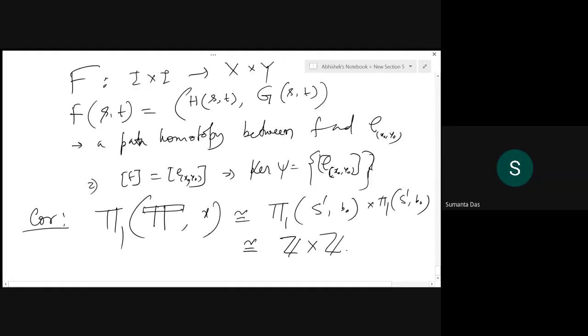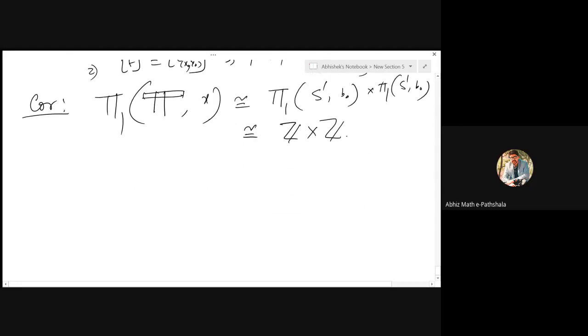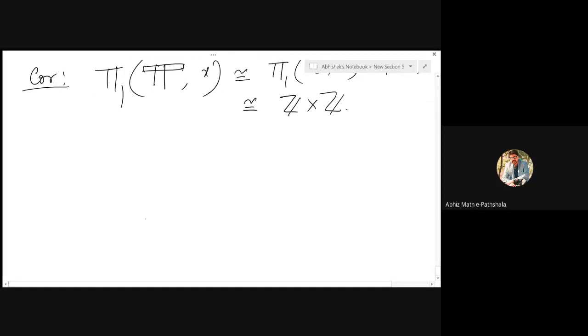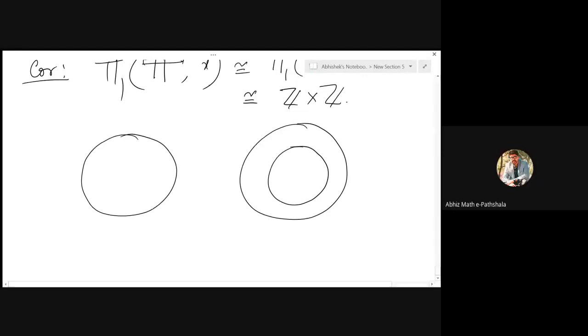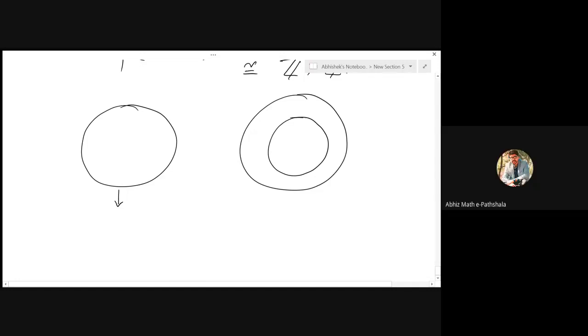Yes, sir. Yes, Nityananda Babu, what you have mailed me, that how can you distinguish a disk and an annulus? Actually, for these two spaces, you need to define deformation retract. You will see that this space has fundamental group a trivial group, but this annulus has the fundamental group Z, which is isomorphic to S1.